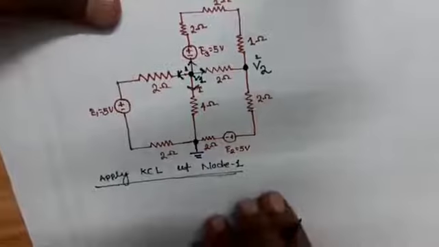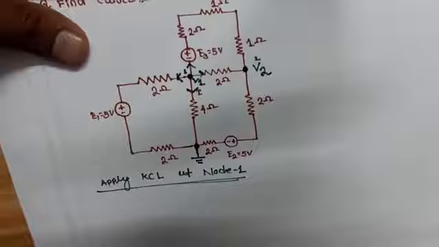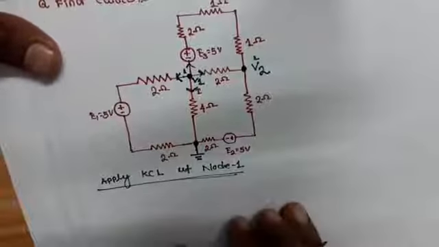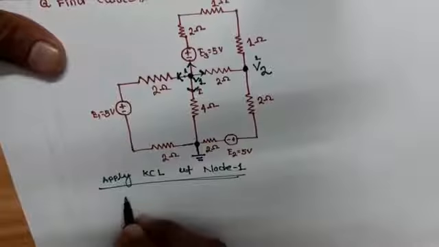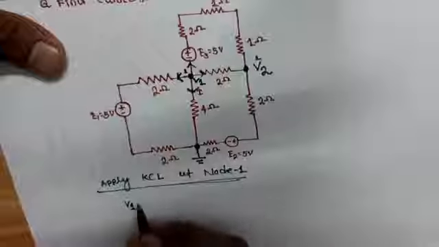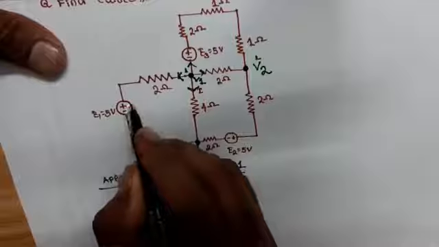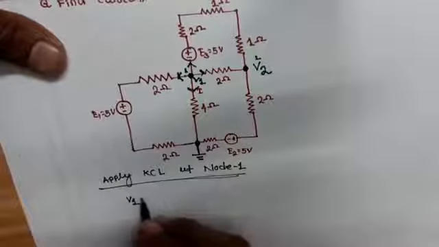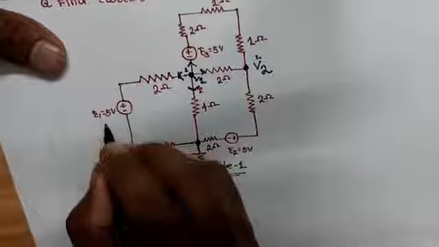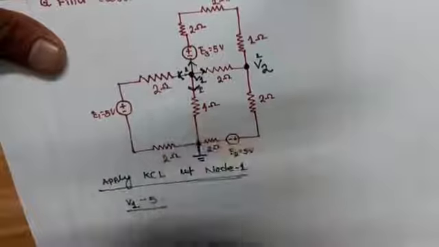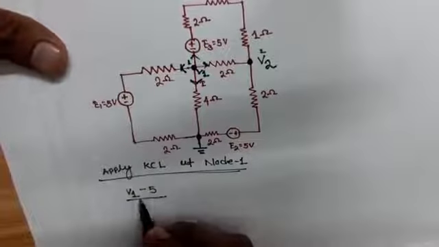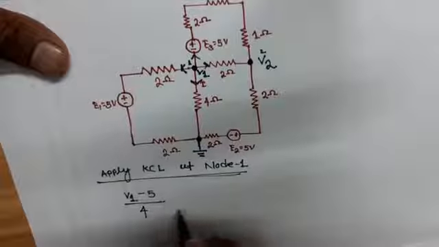We directly apply Ohm's law here. This is (V1 minus 5) divided by the resistance; here 2 ohm resistors are connected in series, so this is 4.